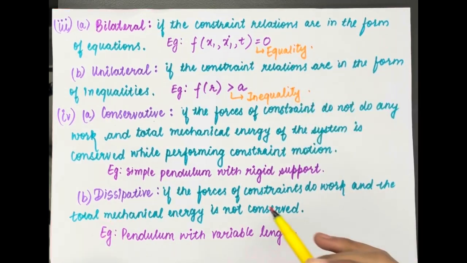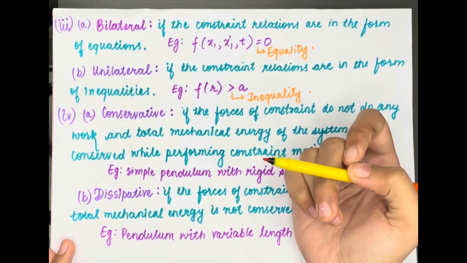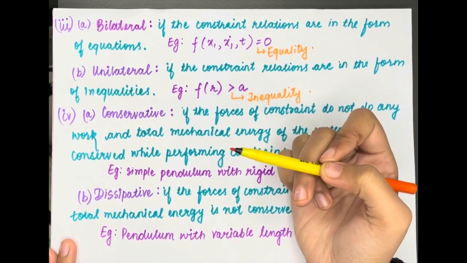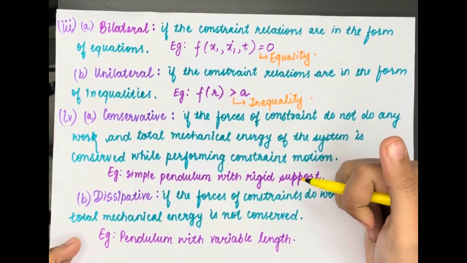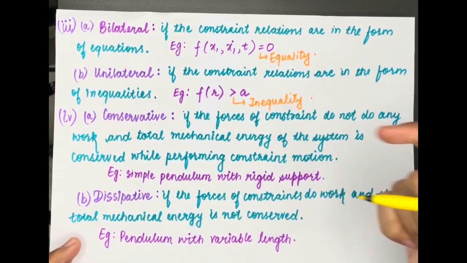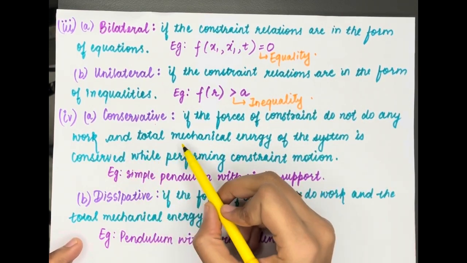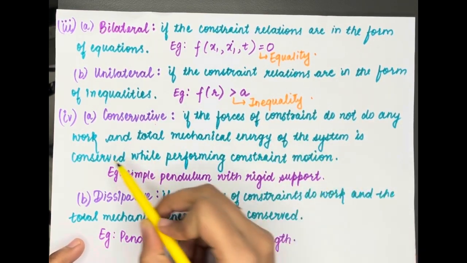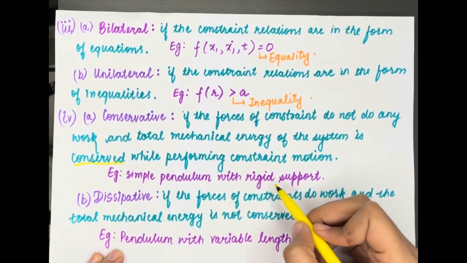Okay. The fourth way of classifying was on the basis of work done. The first one is conservative. Now let us recall what is conservative force. The forces which do not do any work is called conservative force. Now the same definition would apply to this. If the forces of constraint do not do any work and total mechanical energy of the system is conserved. Now the example is a simple pendulum with rigid support.